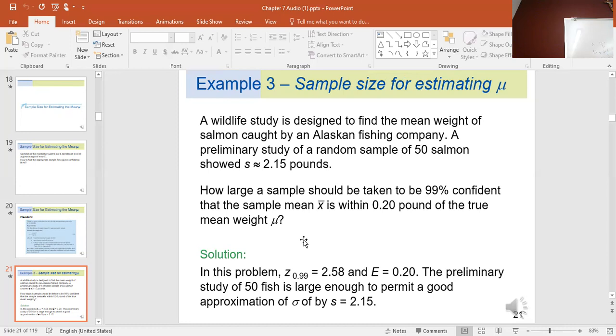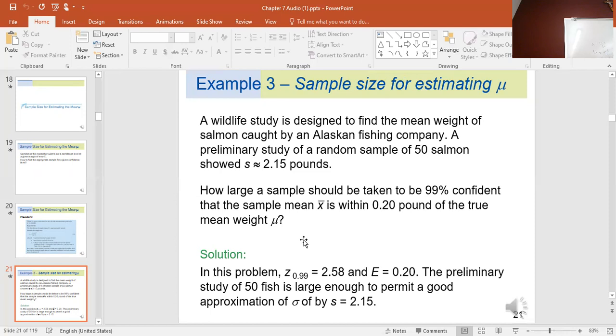How large a sample should be taken to be 99% confident that the sample mean is within 0.25 of the true mean weight of the salmon? Say I want to go and buy salmon for my business, and I ask you, what is the average size of the salmon from Alaska?